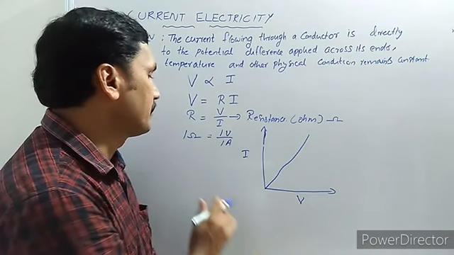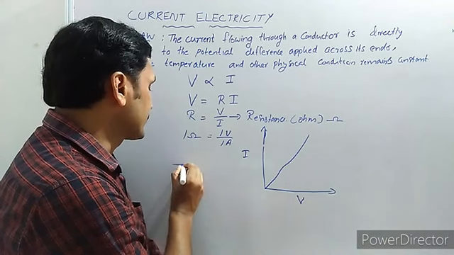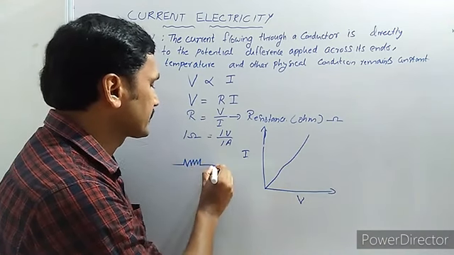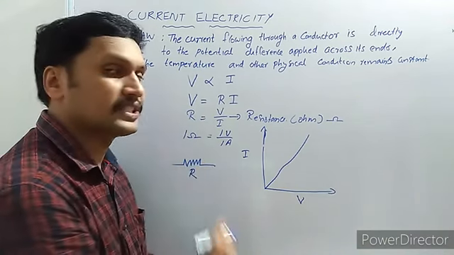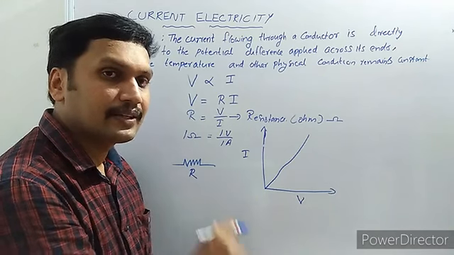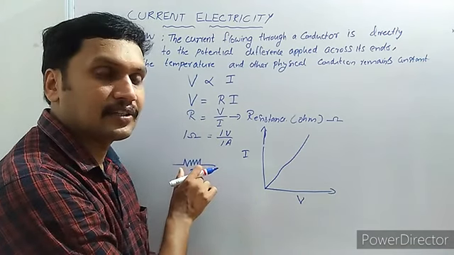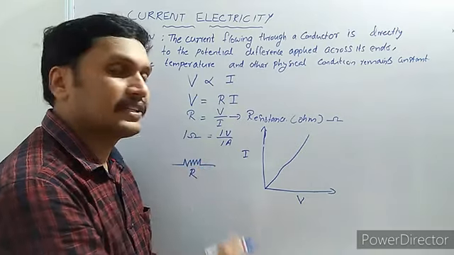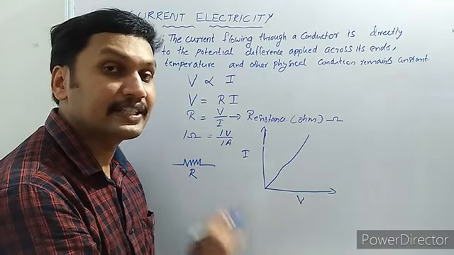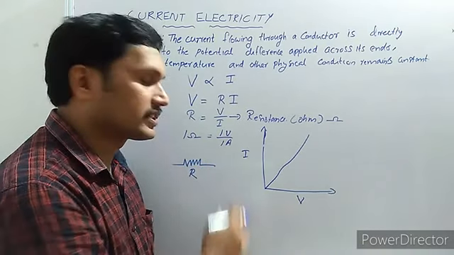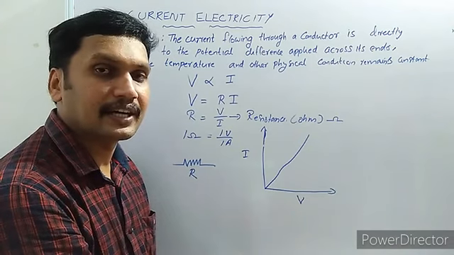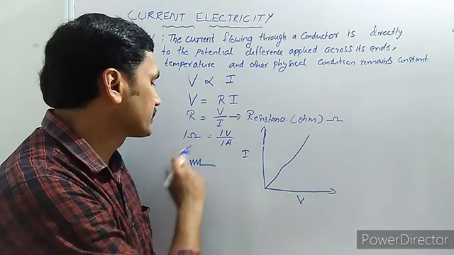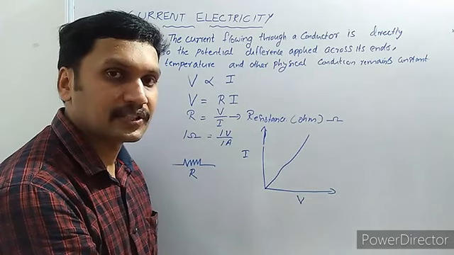The circuit symbol to represent this resistor is this one. It shows that the flow of electric current through this conductor is not an easy task. There is some restriction to the flow of electric current through it. So this is the circuit symbol to represent the resistor.